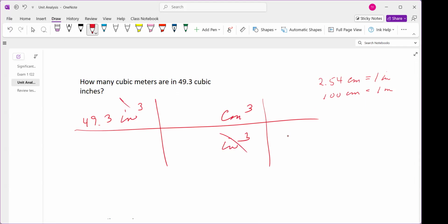We need to go from cubic centimeters to cubic meters. So that's 100 cubed centimeters to 1 cubed meter.